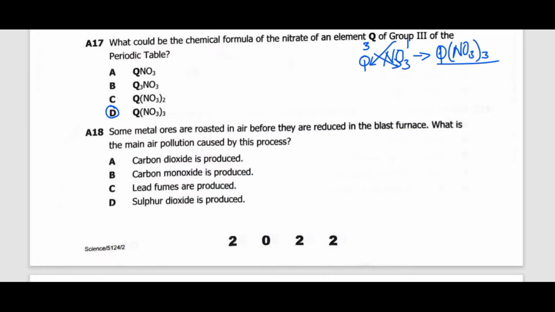Question 18. Some metal ores are roasted in air before they are reduced in the blast furnace. What is the main air pollution caused by this process? So carbon dioxide is produced, carbon monoxide is produced, lead fumes are produced. So the gas that is very, very negative in terms of causing impact to the environment is sulfur dioxide.